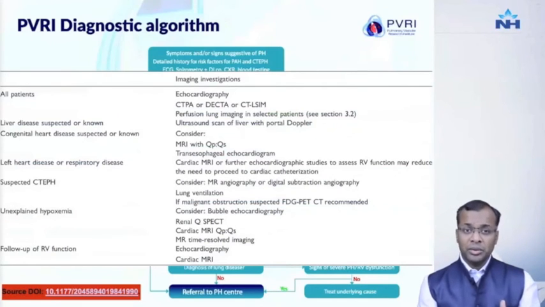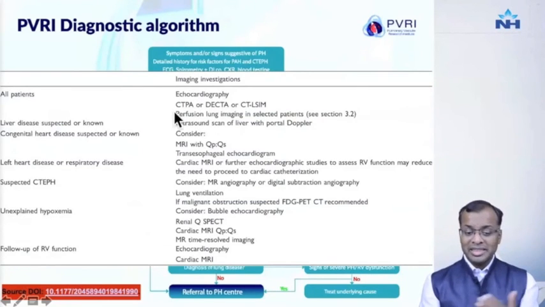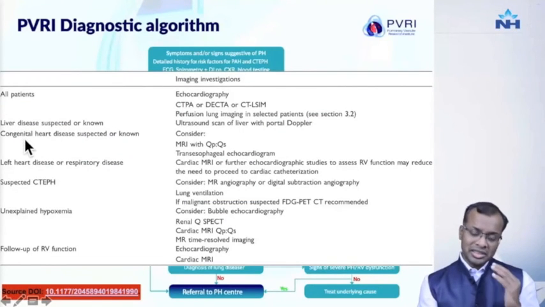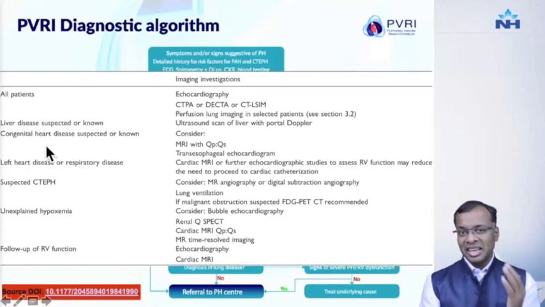Now, if you break this down according to the conditions, you can see that for all patients, it says to do an echo followed by a CT pulmonary angiogram or a dual energy CT pulmonary angiogram, which is very, very important. Same thing if you're suspecting liver disease, congenital heart disease, or left heart disease.